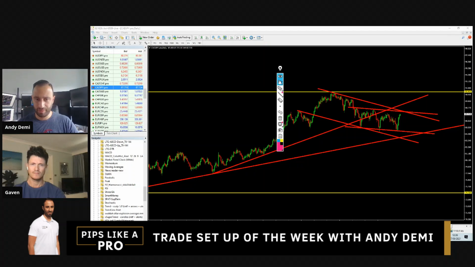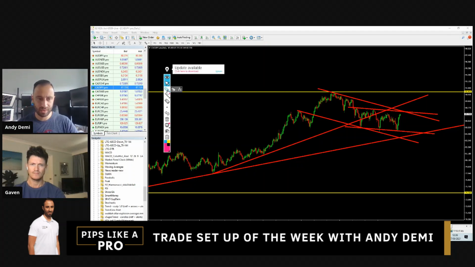Let's bring in our pen. First thing I'm going to look for is there a short somewhere here? And if we break through here, maybe we get a short scalp, we take some profit, and then the market breaks through. Where does it go? It will probably go to this trend line and pull back like that.